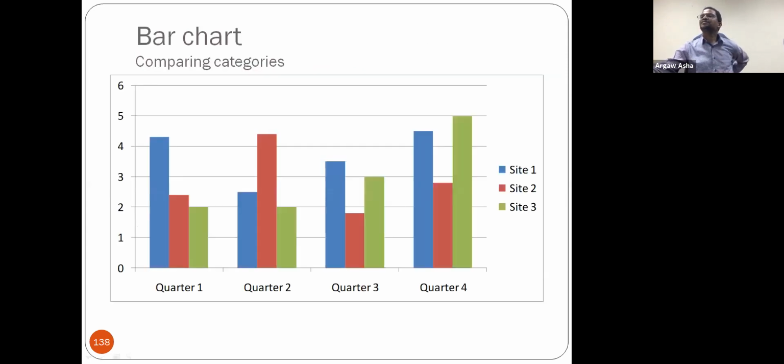As an example, look, here this is comparing the categories. We have green, red, and blue when we compare.